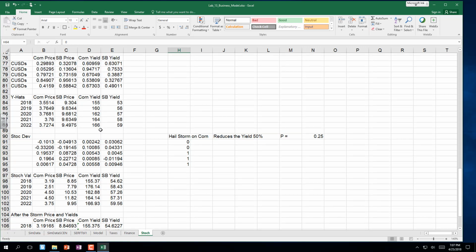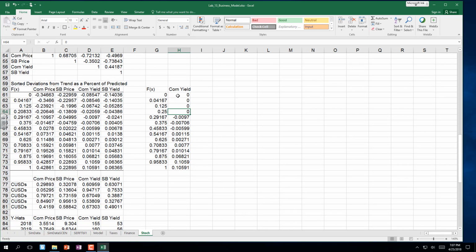If you want to go all the way down to 0, you can put a -1 in here, and that will take you to a 0 yield. And that would have the same effect of what we did down below with the Bernoulli. Or you could put a -0.5 in there, and that's going to take you to half of the mean. So there are multiple ways of doing the same thing. And I hope that doesn't confuse you, okay?